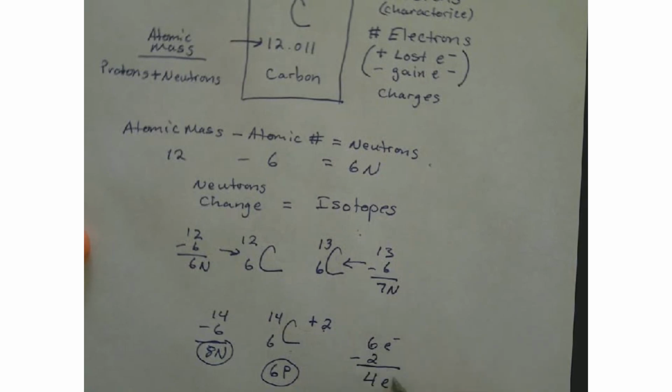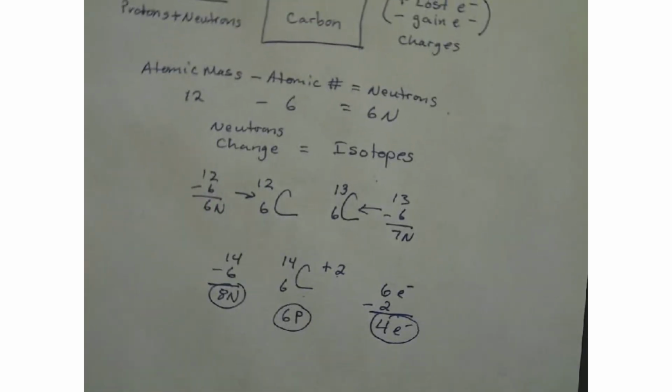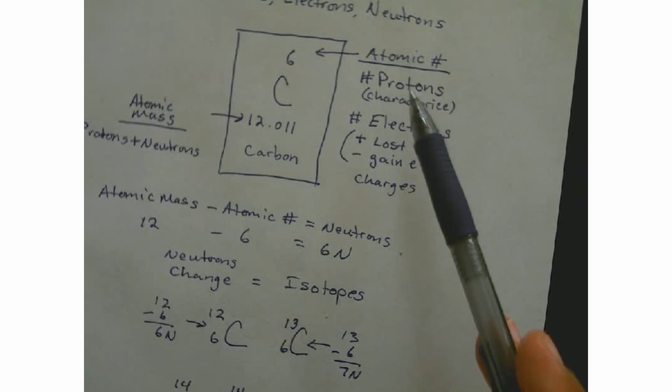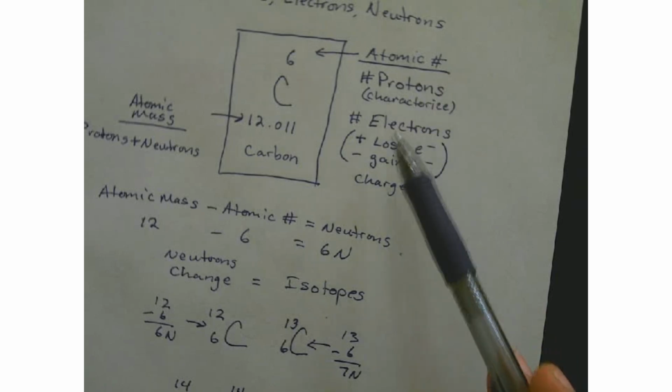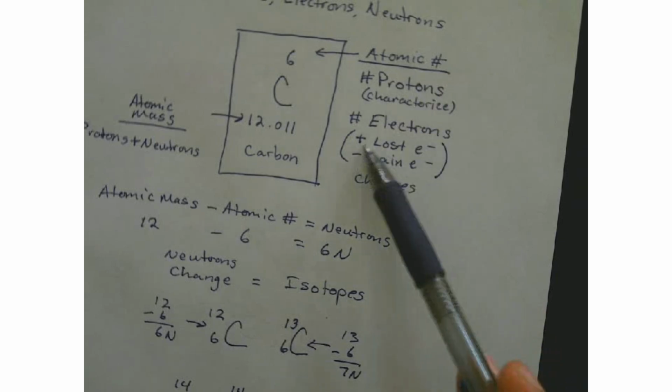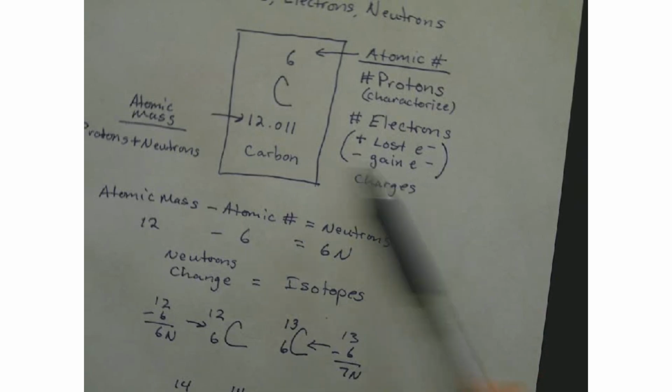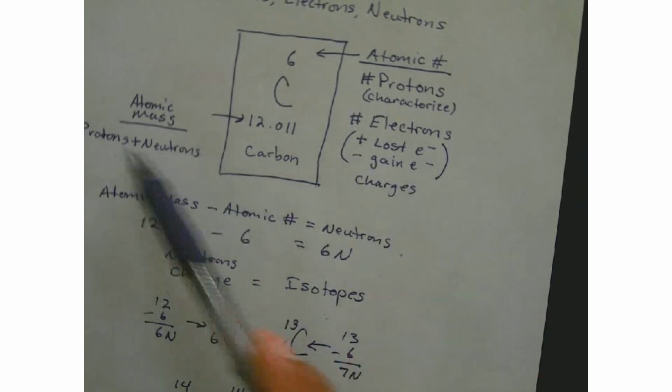So it's easy to calculate everything if you know how to use the periodic table and you know what the atomic number means, right? If you know what the atomic number means, that tells you protons and electrons. Electrons can change. Positive means you lost electrons. Negative means you gained electrons. The atomic mass is made up of protons and neutrons, right?